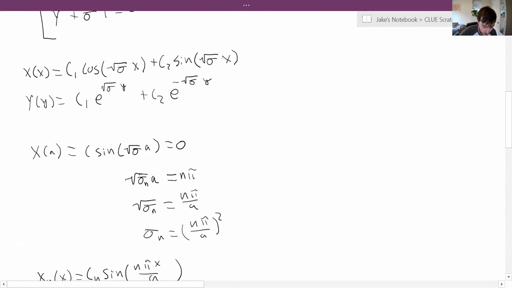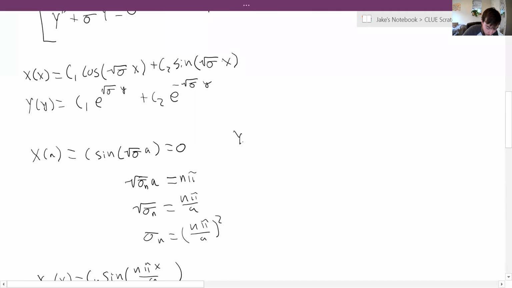So by the same logic as before, if we take y of 0, we know this equals c1. If we plug a 0 in for y here, that just becomes 1. Same story over here. So we know c1 plus c2 equals 0, which means c2 equals negative c1.